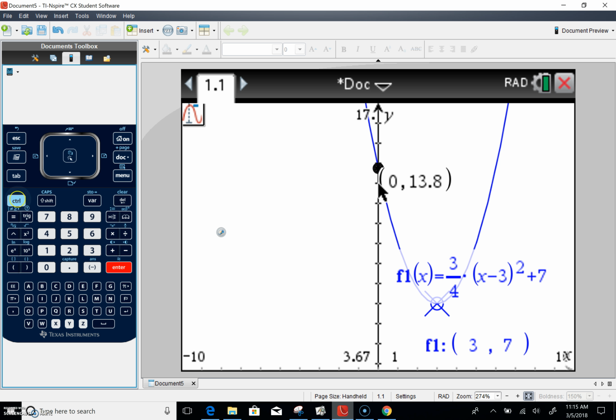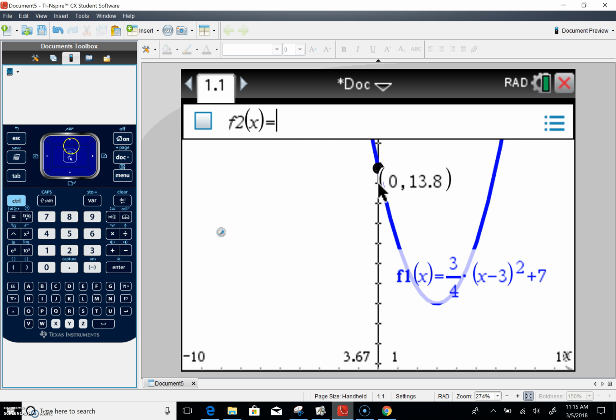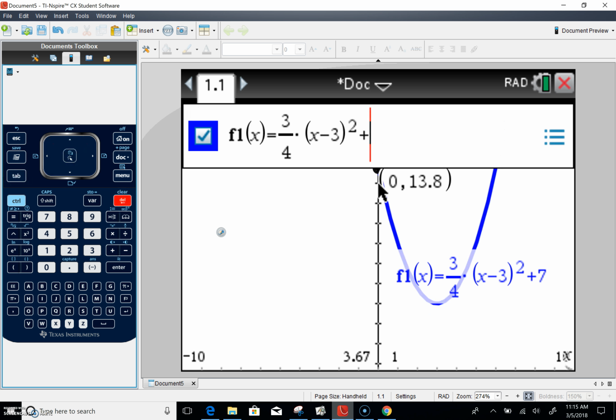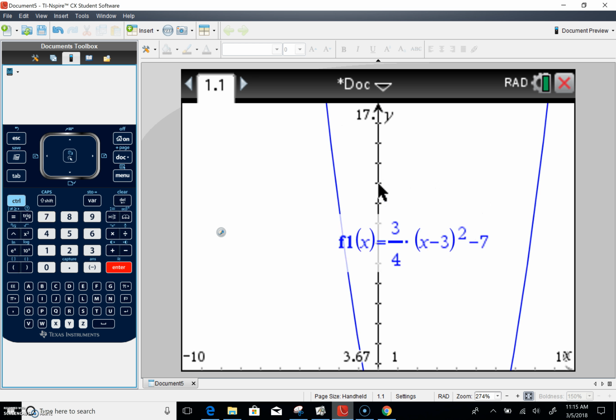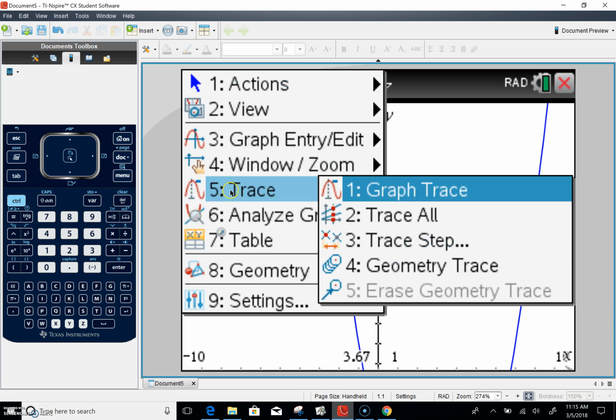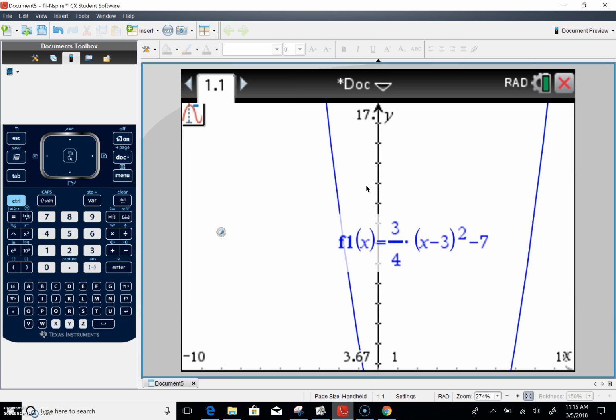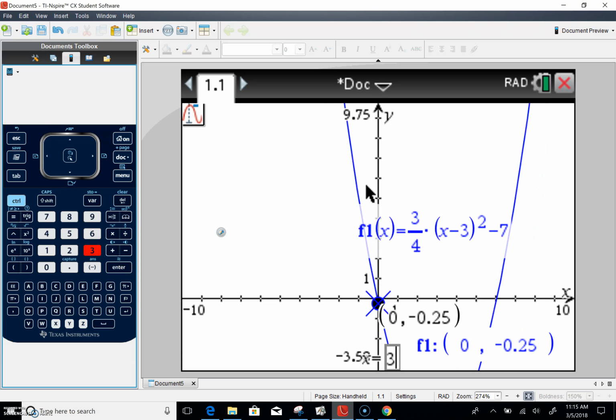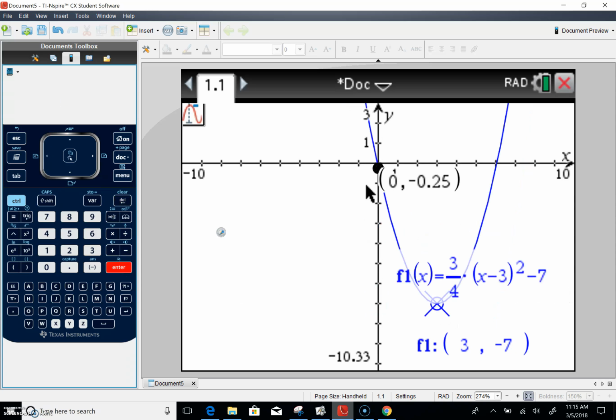So it should be my last answer, okay? Tab, go back, delete, delete, and the last one says minus 7. So I'm going to go enter, menu, trace, graph trace, enter, 3, delete, 3, enter. See, 3 is negative 7, 1. Oh, there's a negative there.